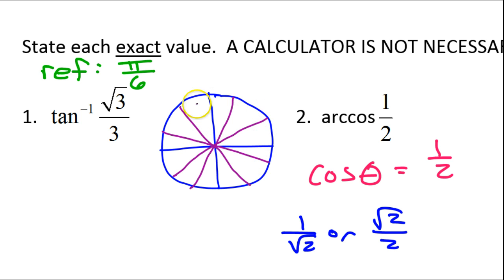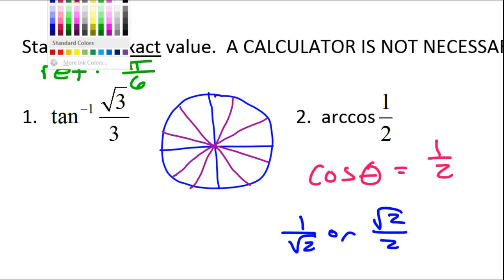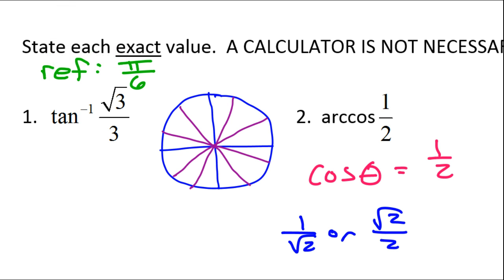See how there are 6 slices in the top? That means each one is pi over 6. So here's the thing, reference angles, people. There are 4 positions that all have a reference angle of pi over 6.